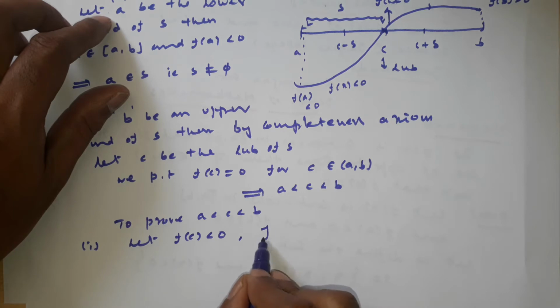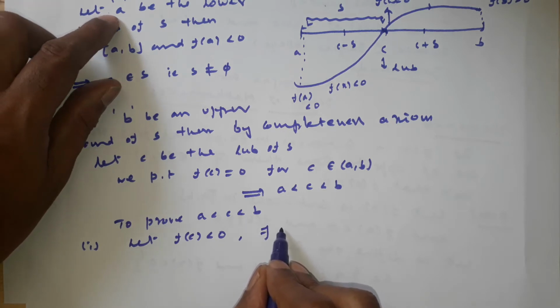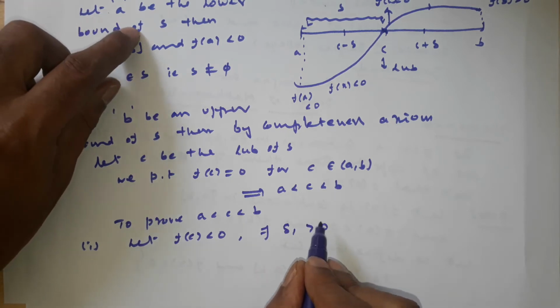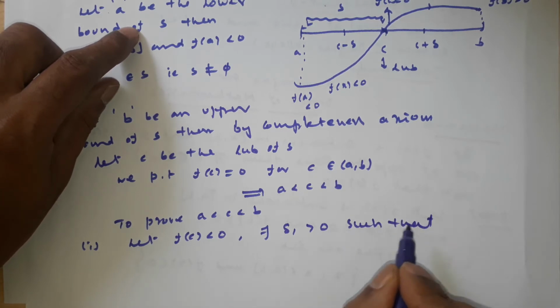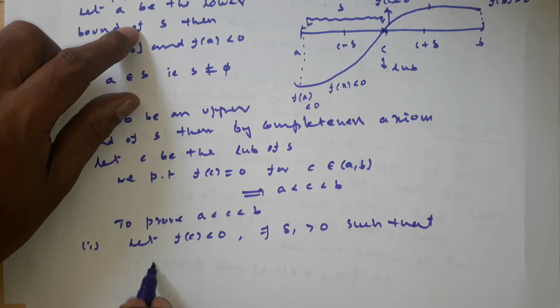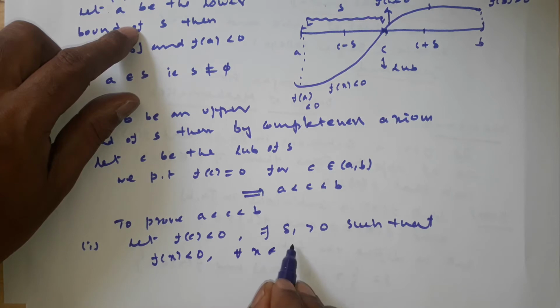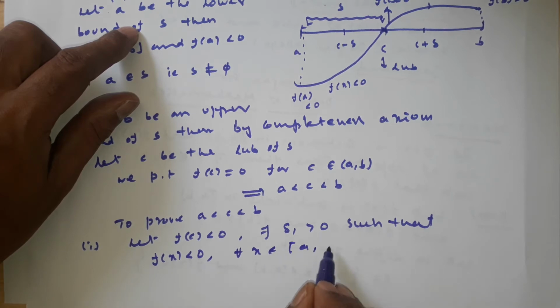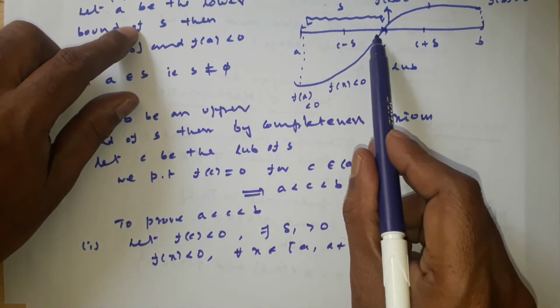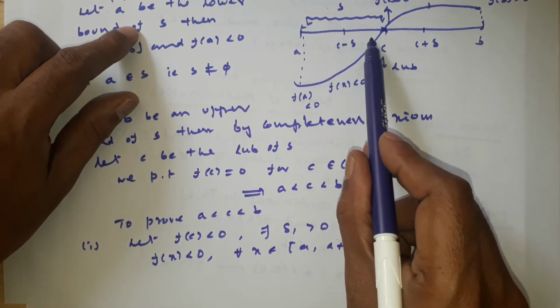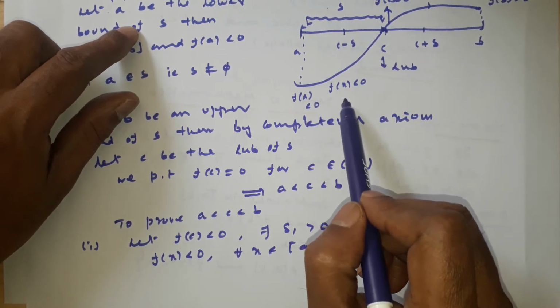Then there exists delta 1 greater than 0 such that f of x is less than 0 for all x belonging to the closed interval A comma A plus delta 1. So for all x from A almost up to A plus delta 1, the f of x values must be less than 0.